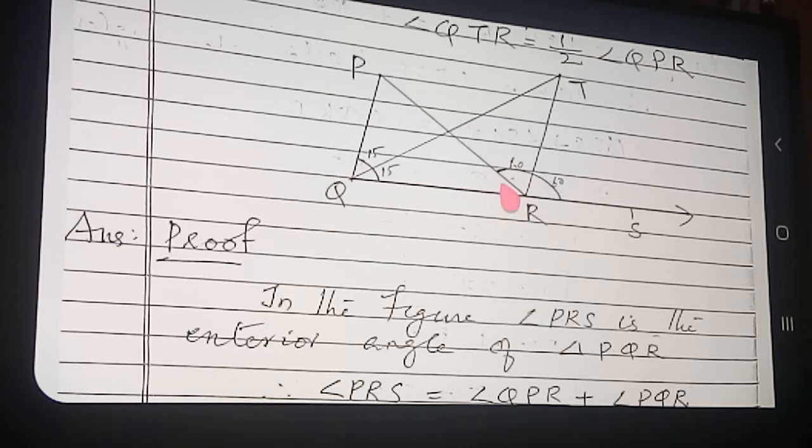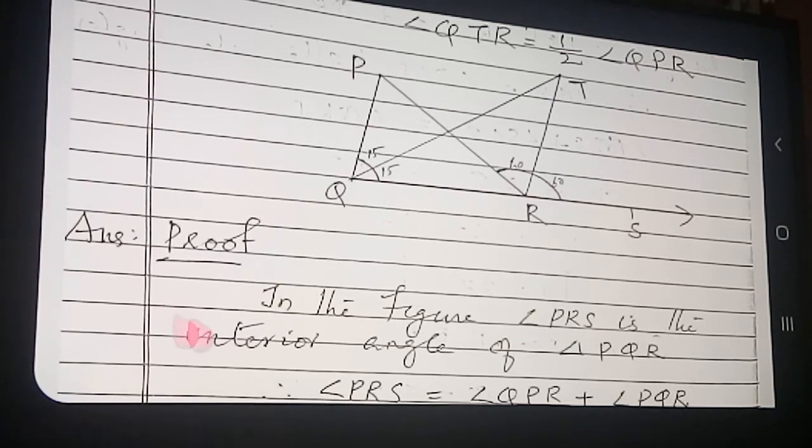In triangle PQR, do not take angle R here; take the remaining angles, angle P and angle Q. How to name angle P? Angle QPR. And Q? Angle PQR. So angle P and angle Q are the remaining interior opposite angles.